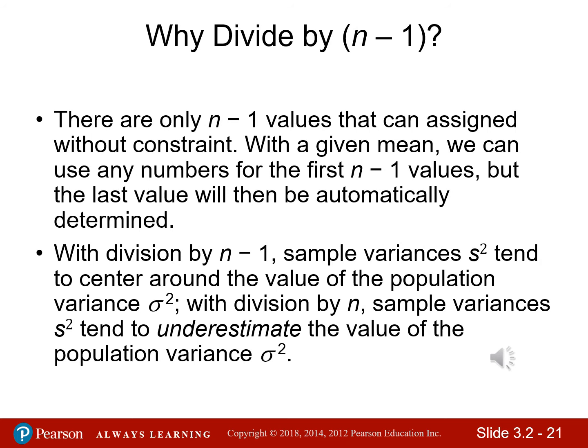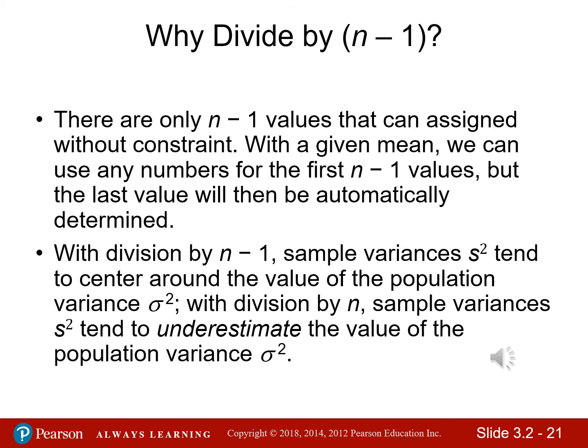So when we're calculating the sample standard deviation, why do we divide by n minus 1? The reason is that dividing by n minus 1 corrects for the bias of using a sample mean instead of the population mean. There are only n minus 1 values that can be arranged without constraint.